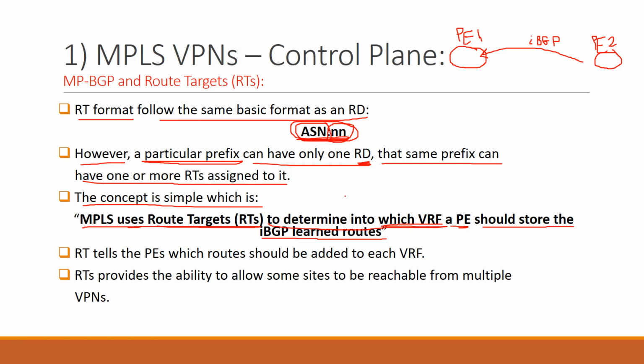So the purpose of the route target is to determine into which VRF a provider edge should store the iBGP learned routes.